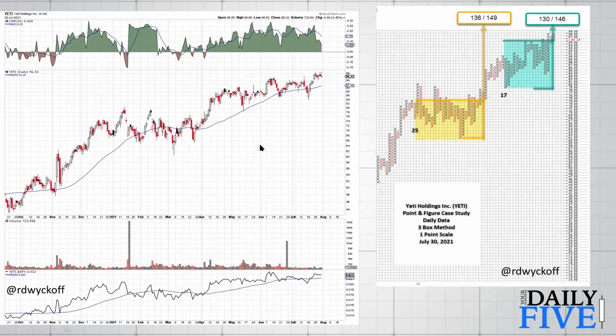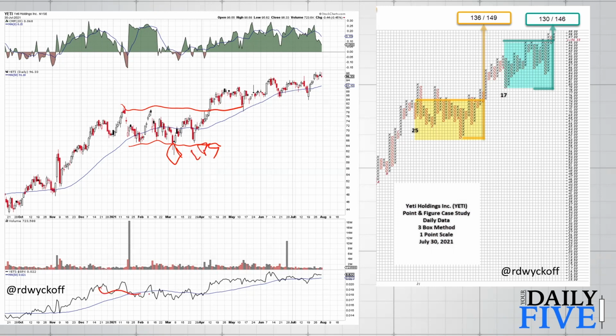Yeti Holdings, the very cool, no pun intended, ice chests and other outdoor products, very interesting company. Notice here that a reaccumulation forms right across this area with, again, a shakeout or a spring here in what we would say is phase B. This is an LPS.